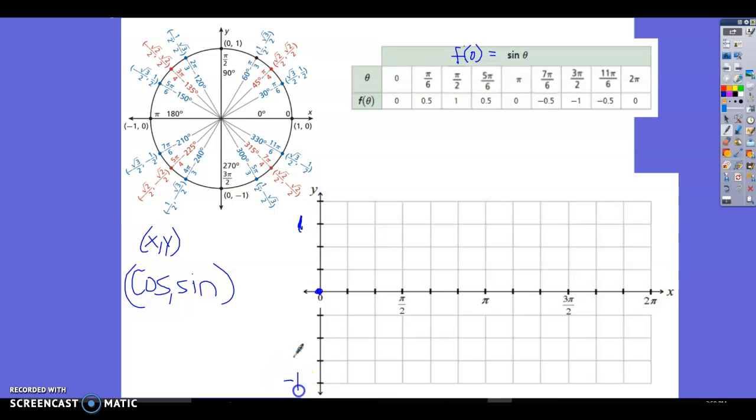Let's say this is -1. Actually, I'm going to move it down just a little bit. When you have blank graph paper, you can make your scale anything you want. I'm going to put 1 right here. That way this would be 1/2 or 0.5. And then this would be 1.5.